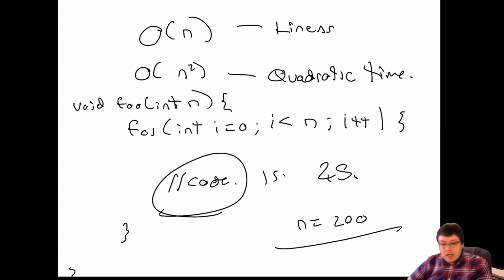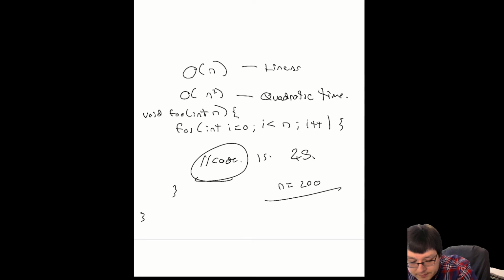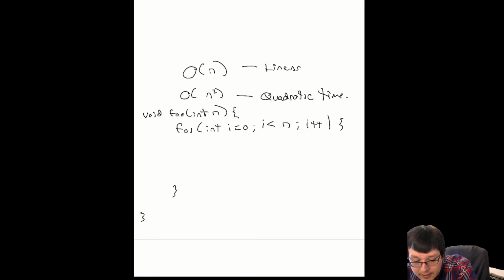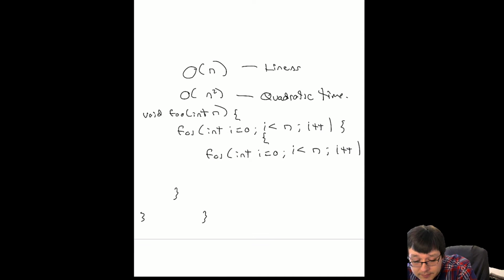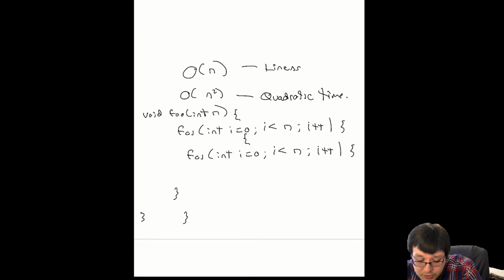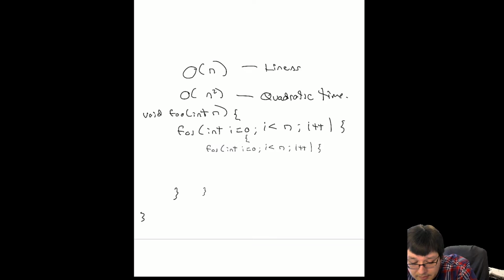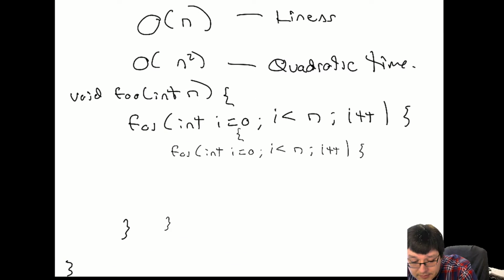Let me put to you another version of the code. Let's say that inside of this loop, we have another loop, okay? We're gonna have to shrink it a little bit so it fits, but you get the idea, okay? And then here we have some code.